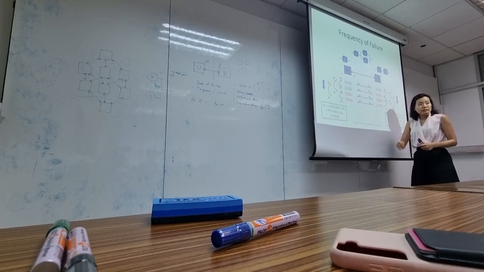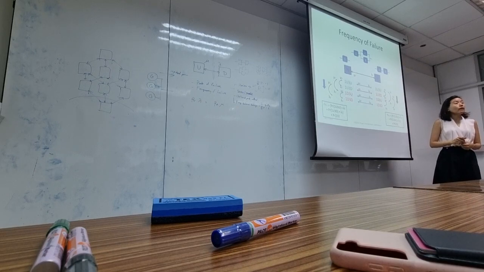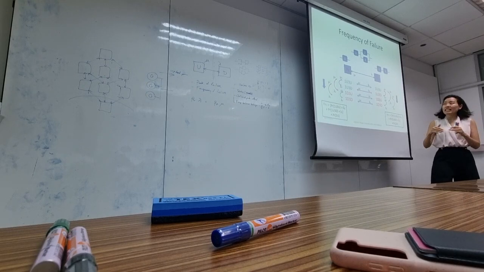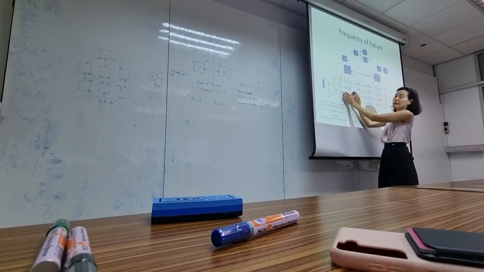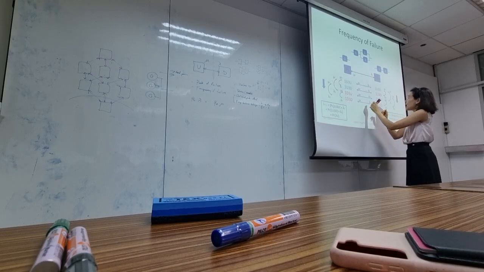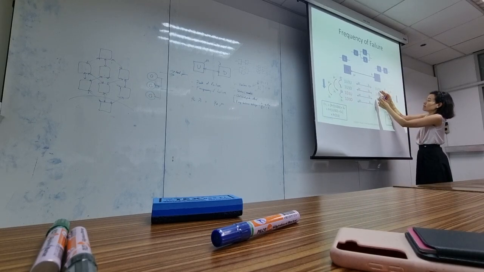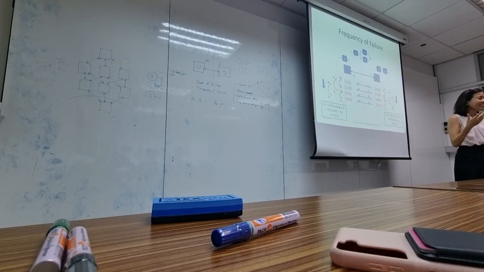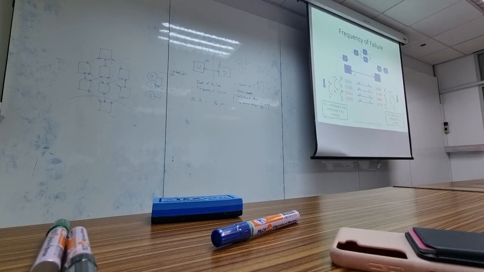On the other hand, you might not want to work out the probability of success. You can also look at the probability of failure. Given that 2 is up, this is the probability of failure, and this is the probability of failure given that 2 is down. In your common sense, which one will be bigger? When more components fail, the probability of failure should be higher, right?